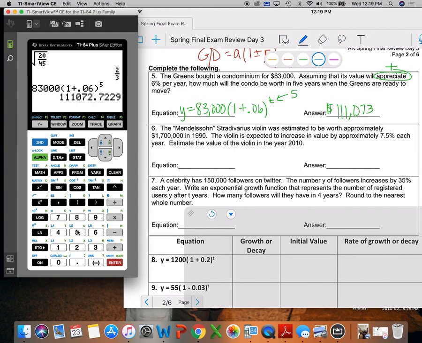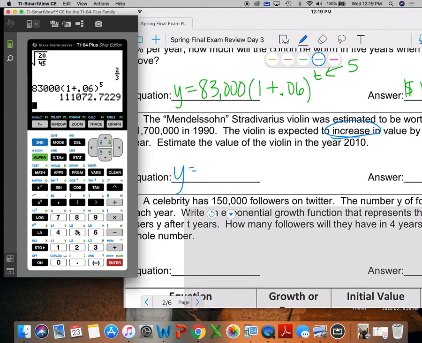Problem 6, we're talking about a violin that starts at 1.7 million. It's increasing by 7.5%. So my equation is 1,700,000 times 1 plus 0.075 as a decimal to the t. Now my t, we started in 1990. It's now the year 2010, so that is 20 years.